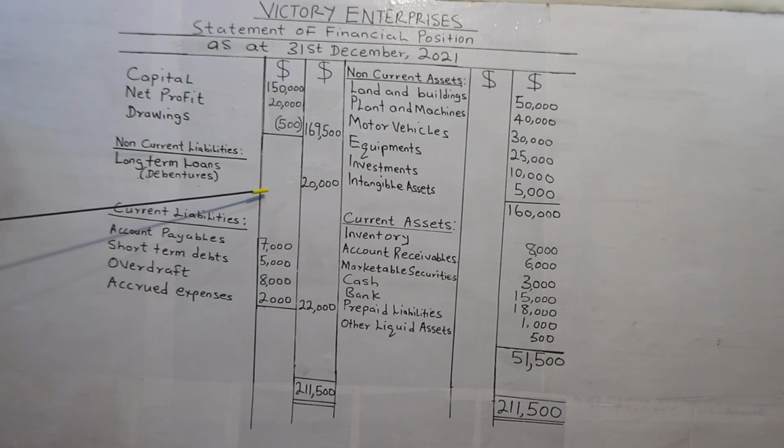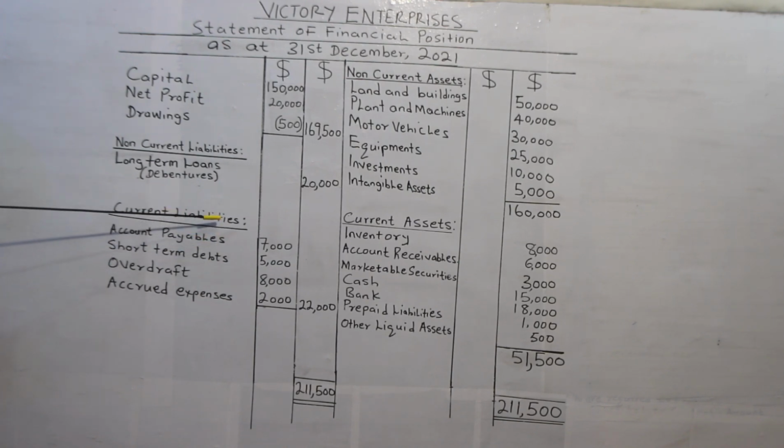It could be up to 5 years or more. Long-term loans in the form of debentures are loans that the business has collected and will be repaid after some period of time, which is usually more than 1 year. Of course, debenture represents a form of loan. We are going to explain debentures as we progress in other areas of our study.